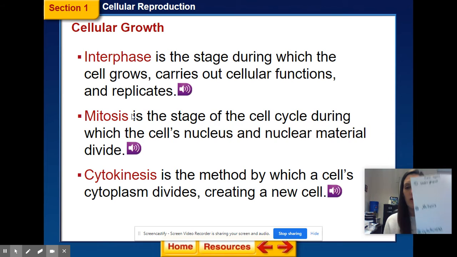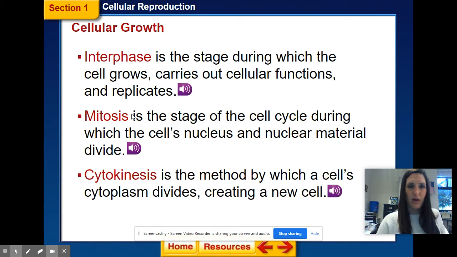Okay, so the 3 parts to the cell cycle are interphase, mitosis, cytokinesis. We want to memorize those in order.